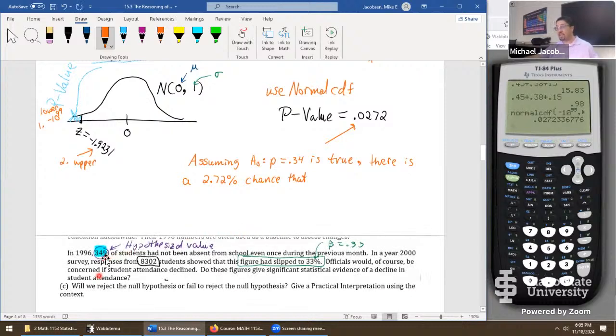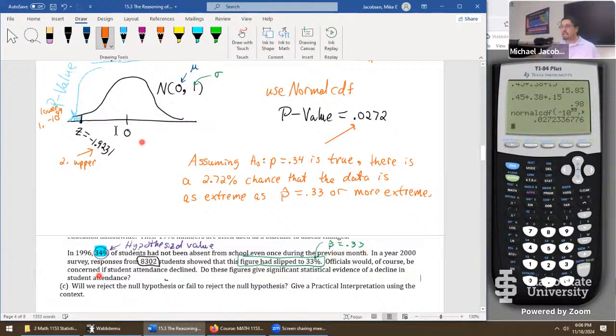So if the null hypothesis is actually true, that the true proportion is 34%, but our data got 0.33 for the sample data, we can say 2.72% chance that the data is as extreme as p hat equals 0.33 or more extreme.